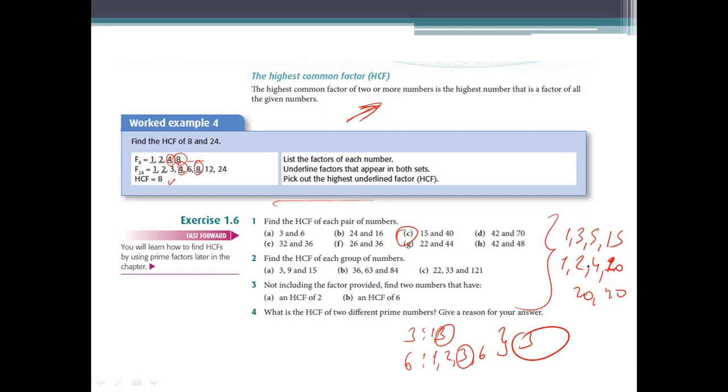So we have 15 there, but there's no 15 here. I'm so sorry, we forgot 5 here. 5 times 8 is 40. That's why we also have 5, and the answer is 5. The HCF of 15 and 40 is 5.